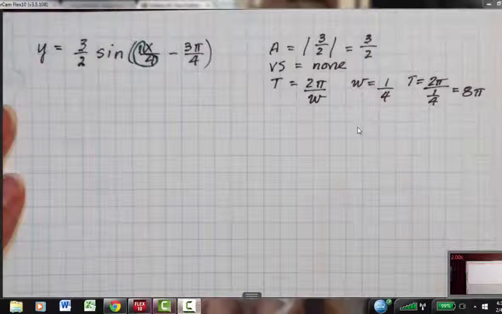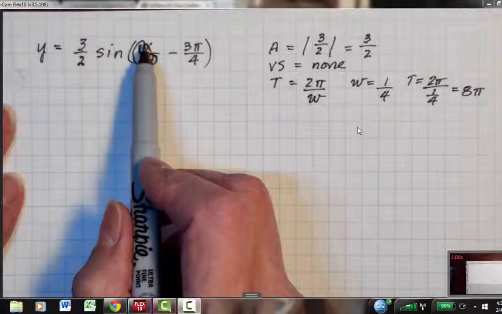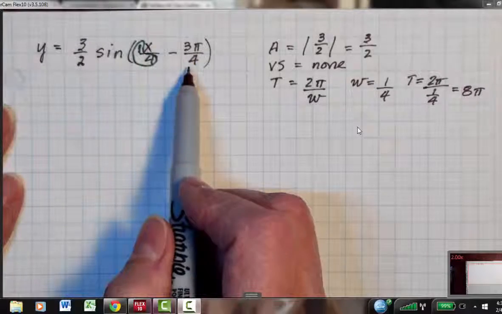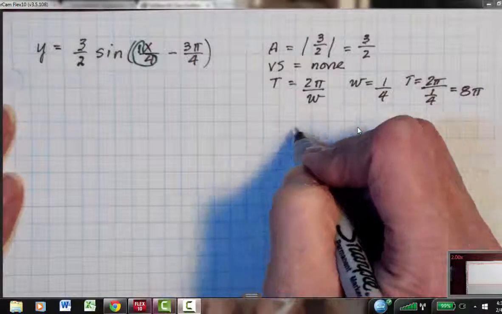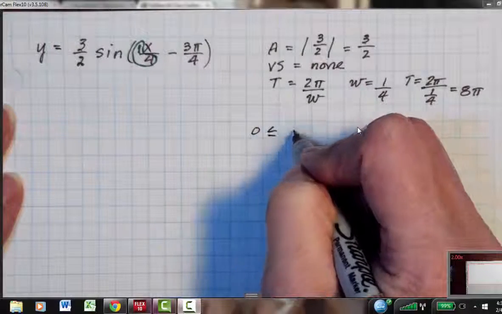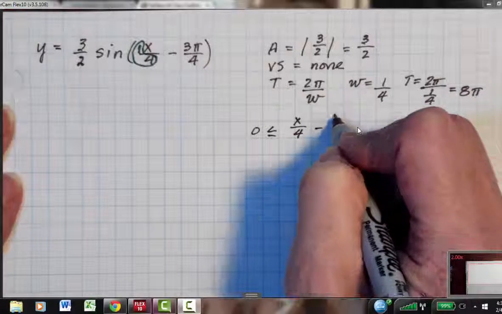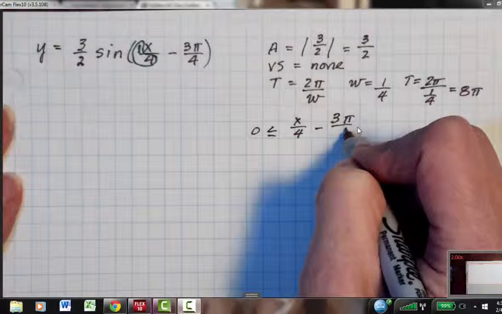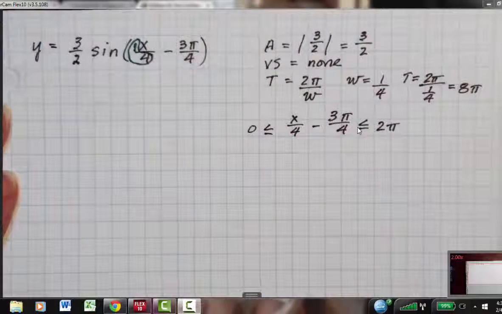my phase shift. To do my phase shift, I'm going to take my original argument that I have inside of my function here, and I'm going to put it between 2 pi and 0. So I have 0, and this is the normal period for my sine function. And this is going to give me a phase shift, and it's also going to double check my period of 8 pi.